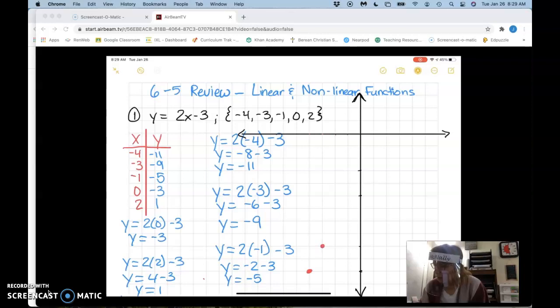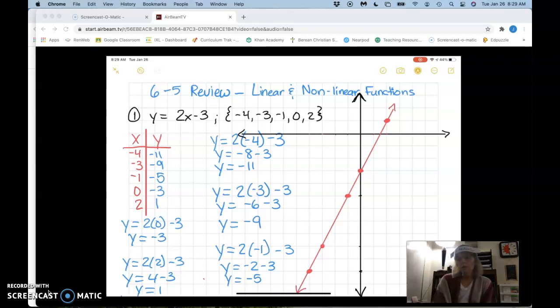I have -1 and -5, 0 and -3, and then 2 and 1. Okay, and then the hard part is actually connecting all those dots. So let's try. Yay, we did it. Okay, so there's our line for this equation. That's it. So copy this down in your notes, and then I'll be right back with another one.